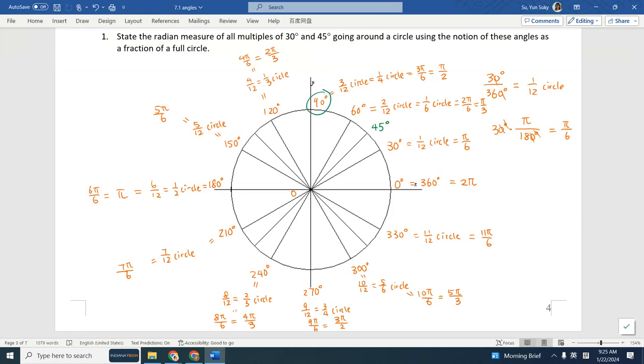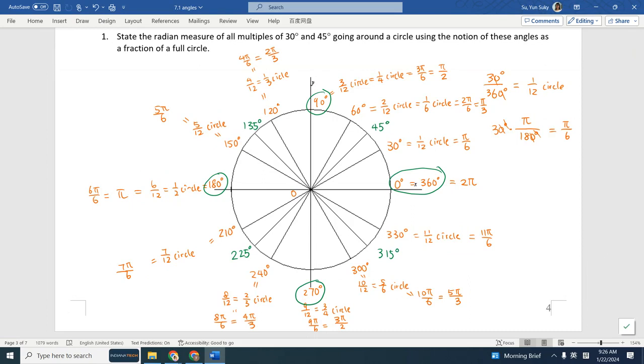And then another copy, you get what? 135, right? 90 plus 45 is 135. 135 plus 45? 180. 180 plus 45? 225. 225 plus 45, 270. 270 plus 45, it's 315. 315 plus 45, 360.